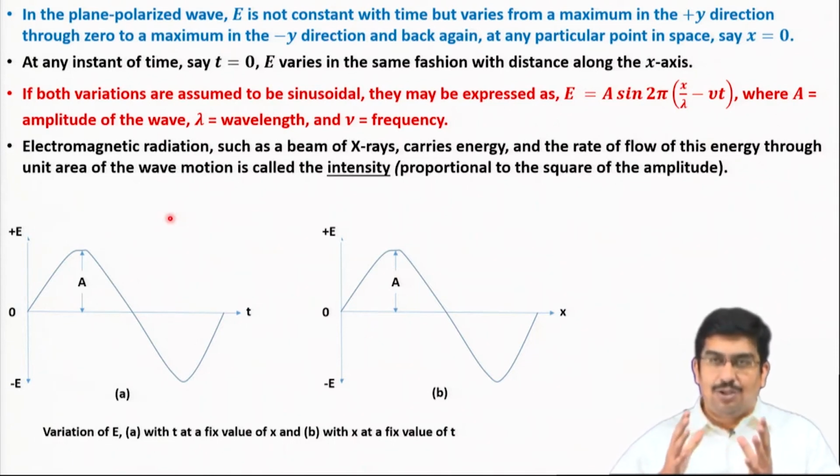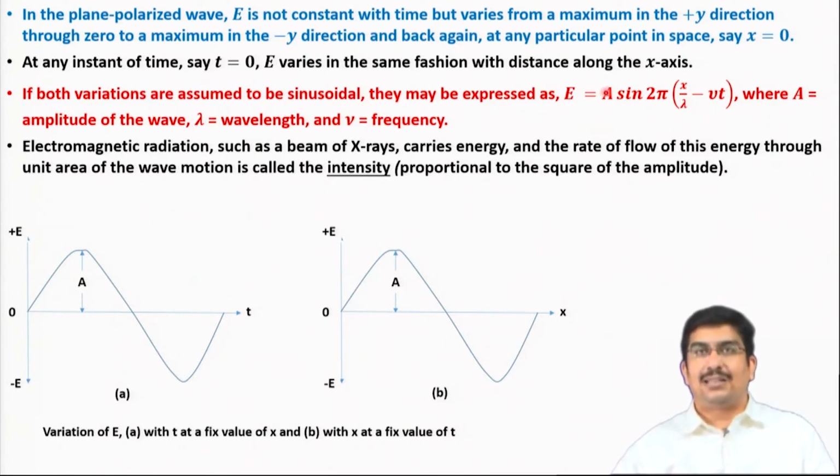If we assume both of these variations are sinusoidal, then for the electric field vector E we can write E equals A sin 2 pi (x by lambda minus nu t), where A is the amplitude, lambda is the wavelength of this sinusoidal wave, and nu is the frequency. This is the characteristic equation of this electromagnetic radiation in terms of the electric field vector.